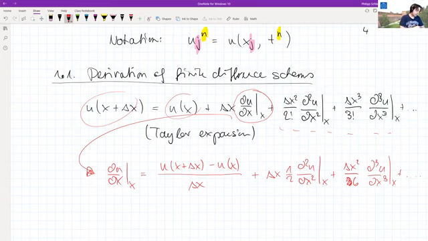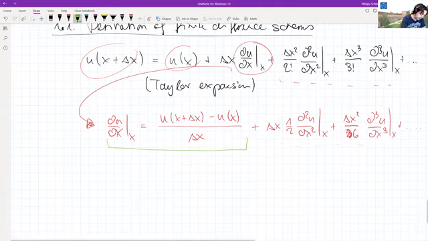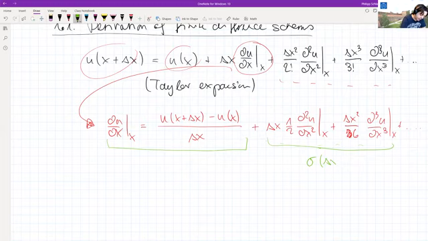And of course, now you see that I have an approximation for my derivative if I'm just taking the first bit here. Of course, this is an approximation because I have these error terms here, but these are what we call of higher order. So we can say that all this stuff is of order delta x. So the leading term in this error term is of order delta x.